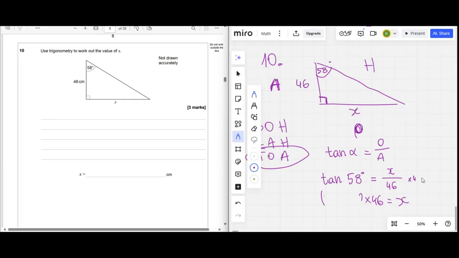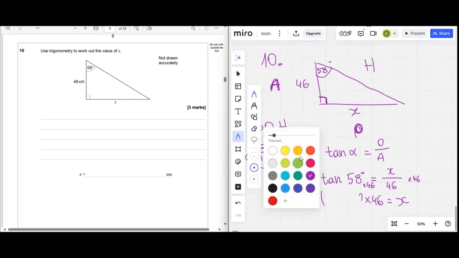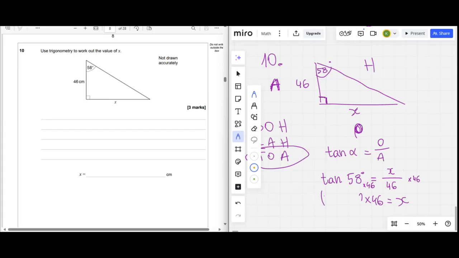To get rid of that fraction, we are multiplying by the denominator on both sides. And thanks to that, the denominator will cancel with this 46 and it will leave us just x.